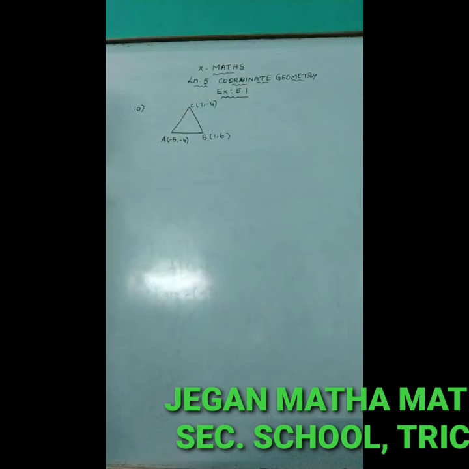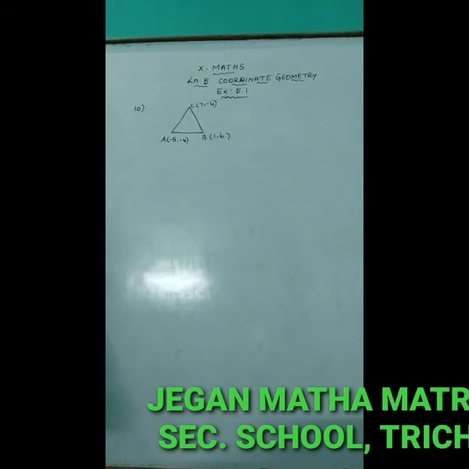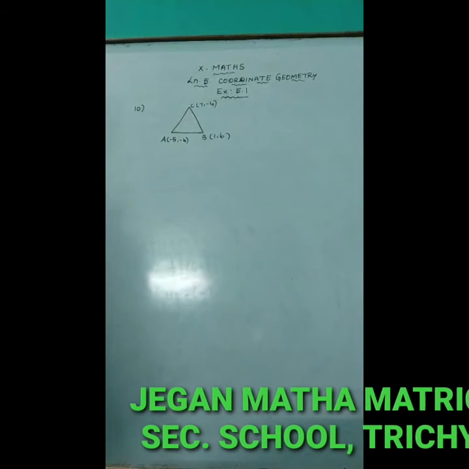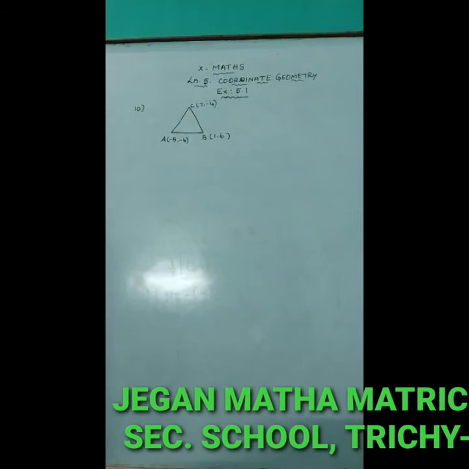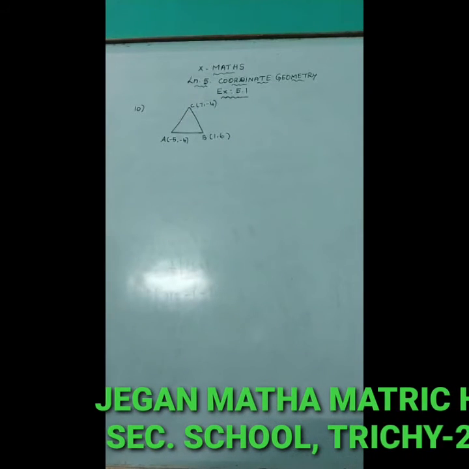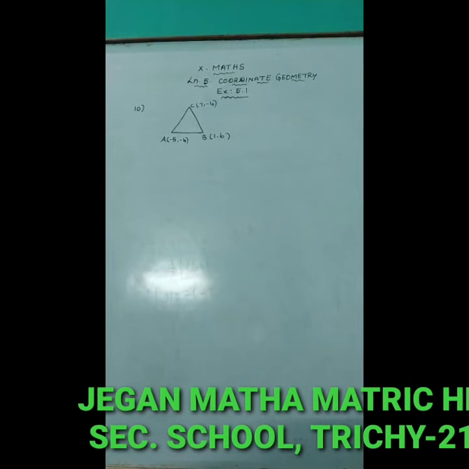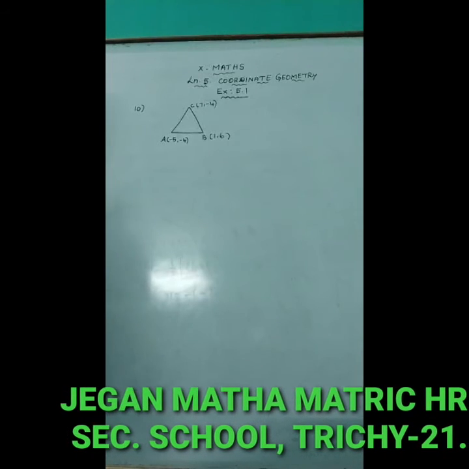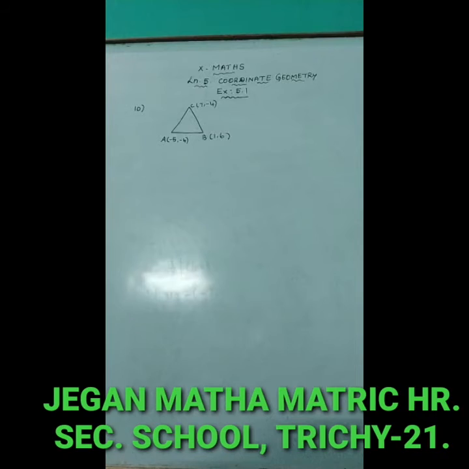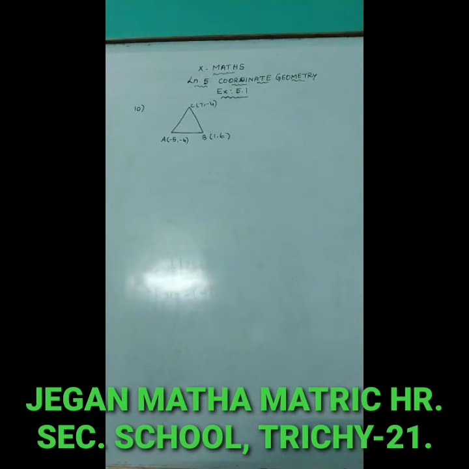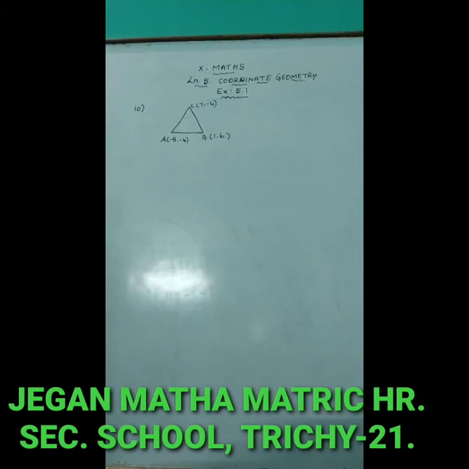So the 10th sum is a triangle shaped glass with vertices A, B, C that has to be painted. If one bucket of paint covers 6 square feet, how many buckets of paint will be required to paint the whole glass, if only one coat of paint is applied? This is the question for the 10th one.